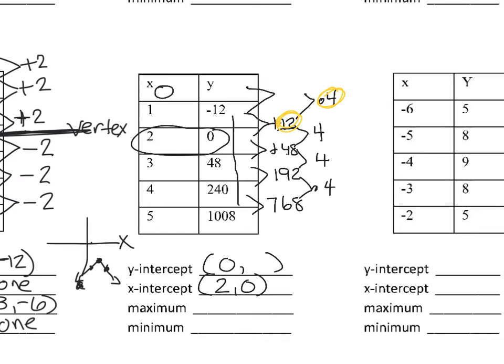Sorry, this is plus 12. That would be 3. Okay, so this would be negative 12 plus 3. All right, so what plus 3 is negative 12? It'd be negative 15. Negative 15 plus 3 is negative 12, so that's going to be our y-intercept.